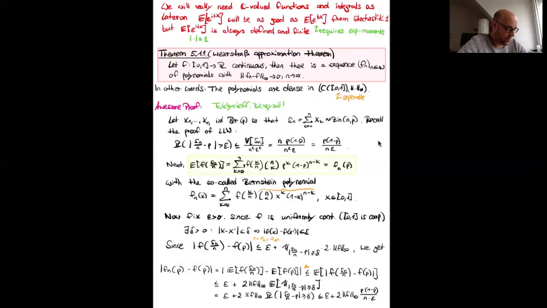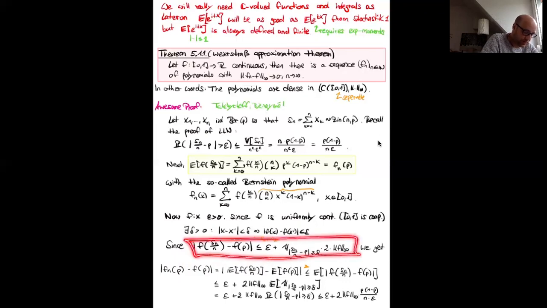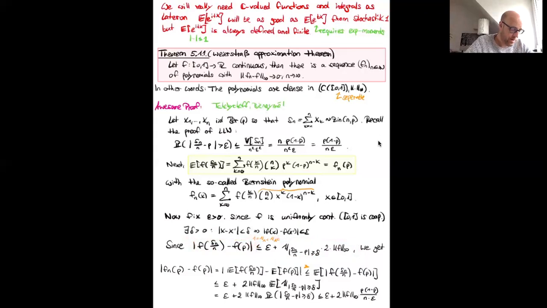So what we're doing now is the following. If we want to estimate our main term, we use this estimate. We take the absolute value of the difference and multiply it with 1. 1 is not changing anything. Now the 1 I write as the indicator of some event plus the indicator of the event complement.